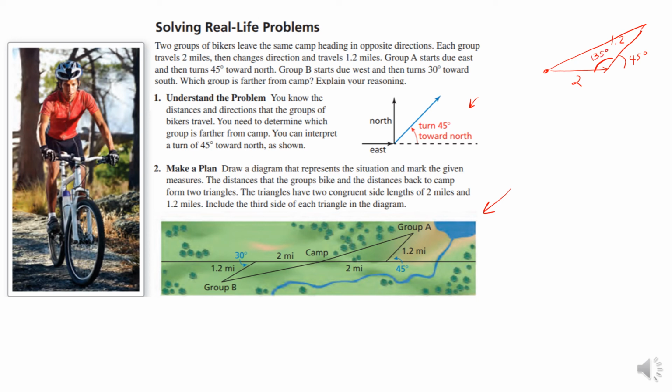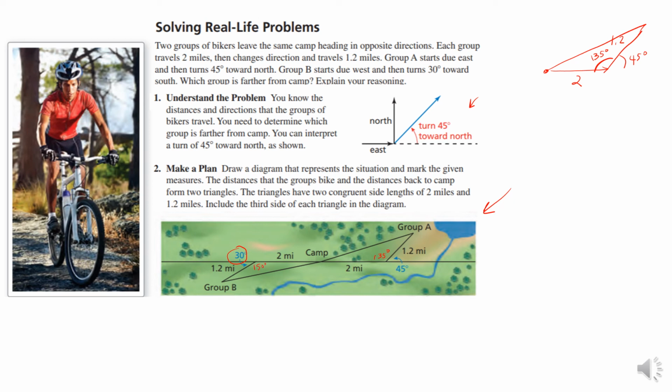Okay, so that's this angle here, 135 degrees. And we'll go down to this diagram now that I've shown you the basics. The second group goes due west 2 miles, then changes 30 degrees and goes 1.2 miles. So that means this angle here is 150.